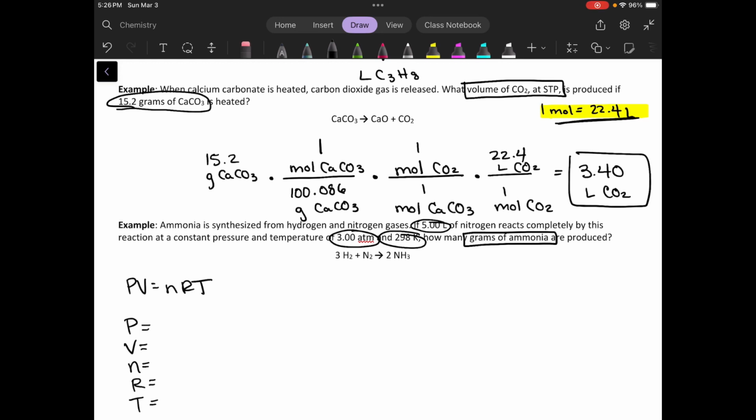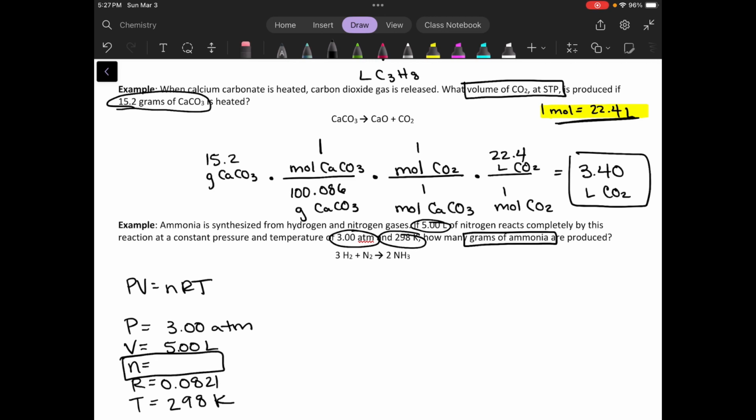So they gave us a pressure, and it's already in atmosphere, so that's good. Our temperature is already in Kelvin. R is going to be this. Volume, they gave us as 5 liters. So we're finding number of moles.